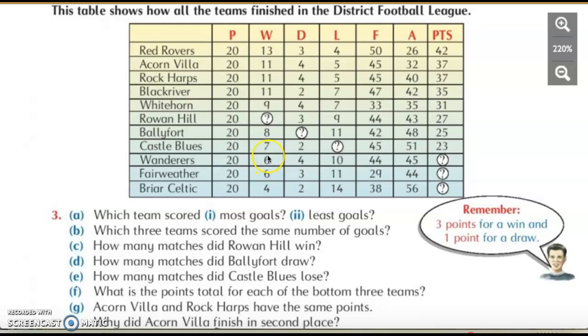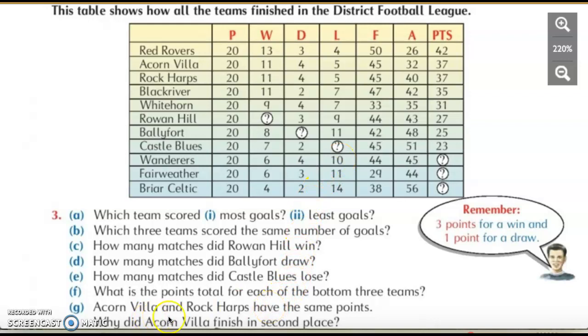I add that to the amount of points they got for a draw. They drew 4 games. Remember, I get 1 point for each draw, so 4 multiplied by 1. I add my 2 answers together and it'll give me their points. Remember, they don't get any points for losing, so there's nothing here.